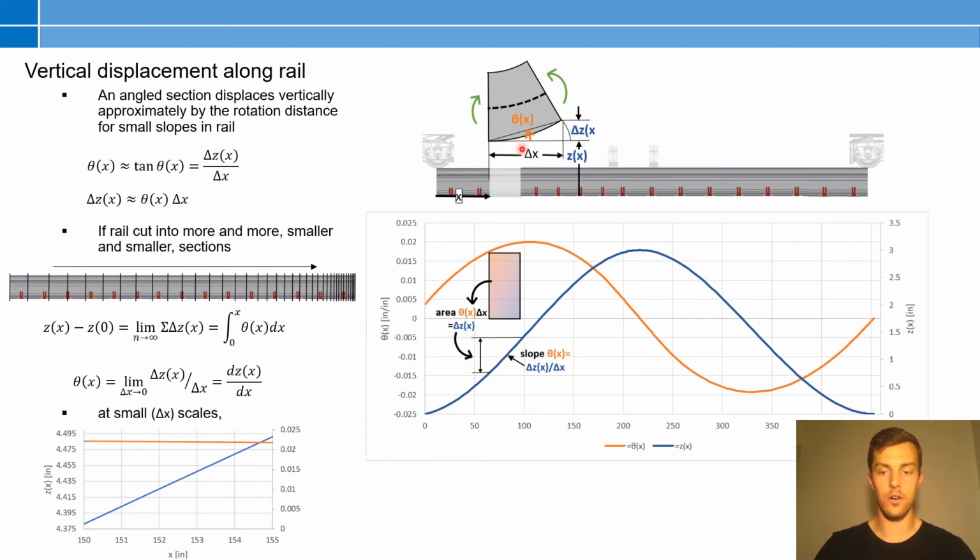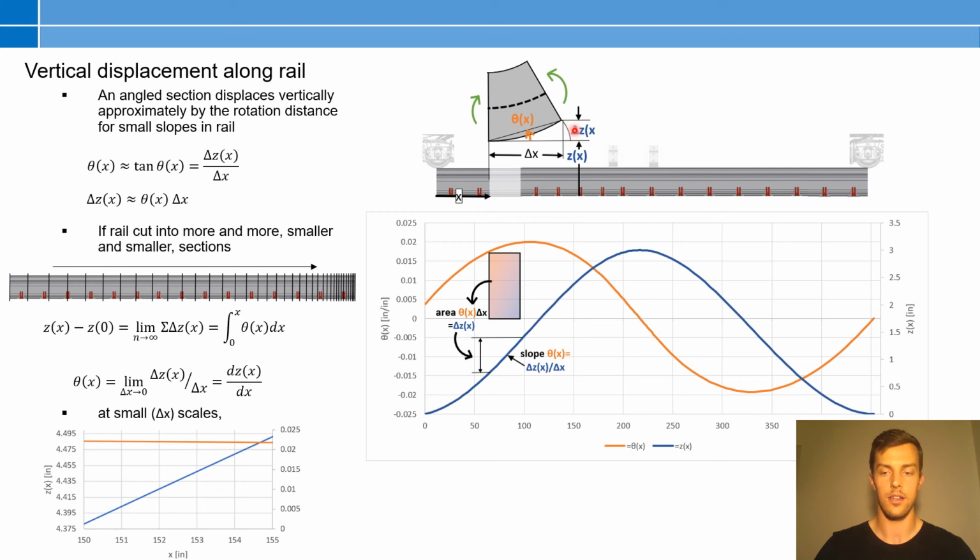So now that we know the slope of every section, we can try to resolve the vertical displacement across the entire member. And we notice that the section at a given slope will vertically displace approximately by the value of this arc length that the section is rotated by.